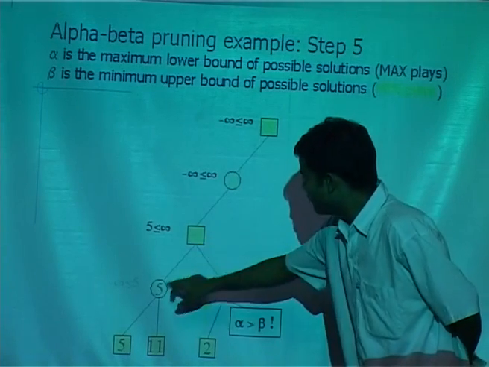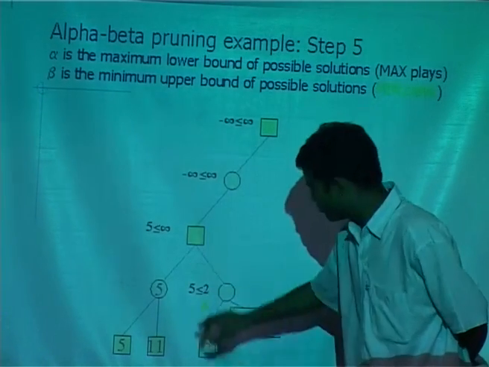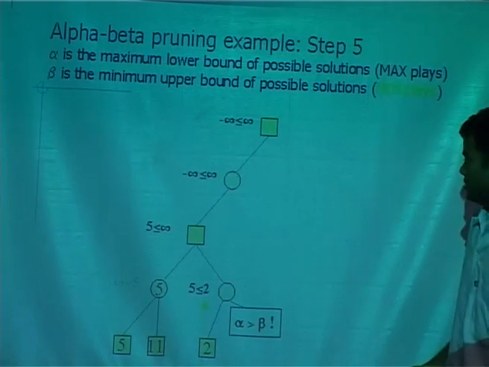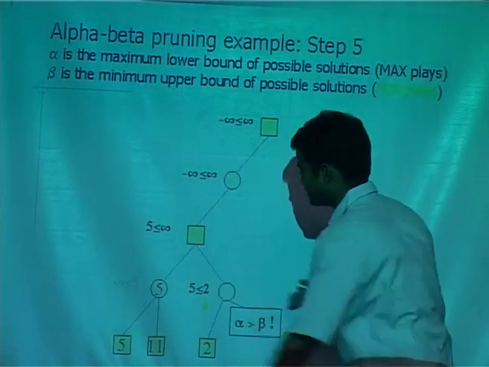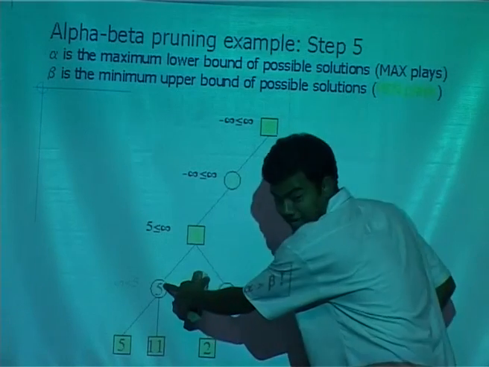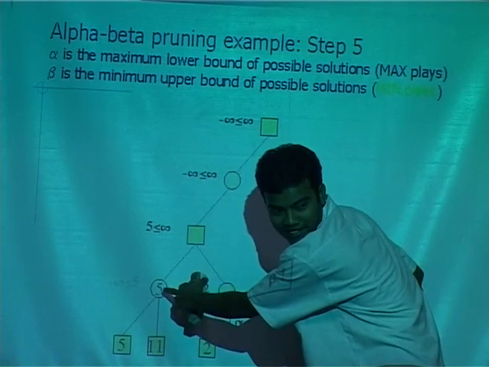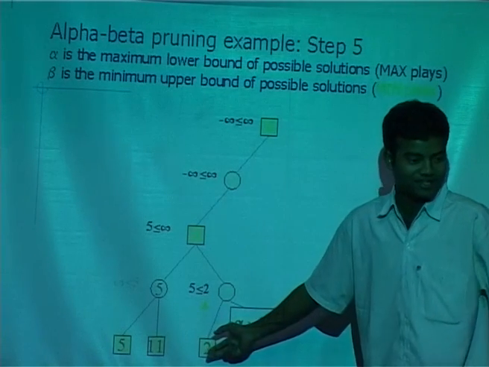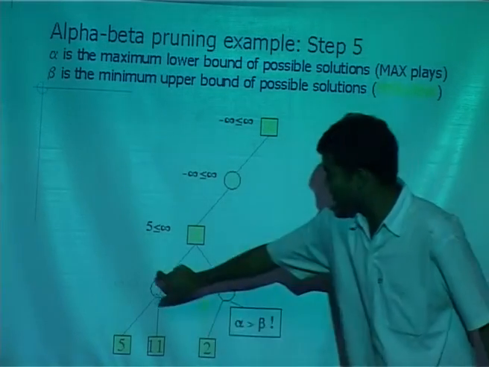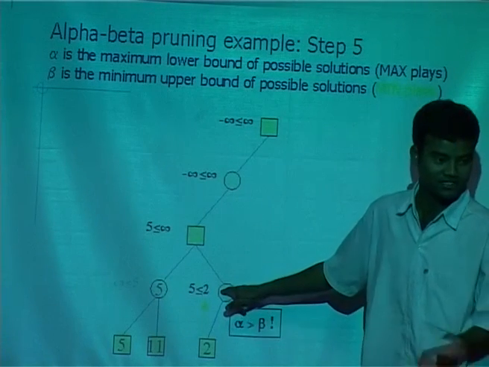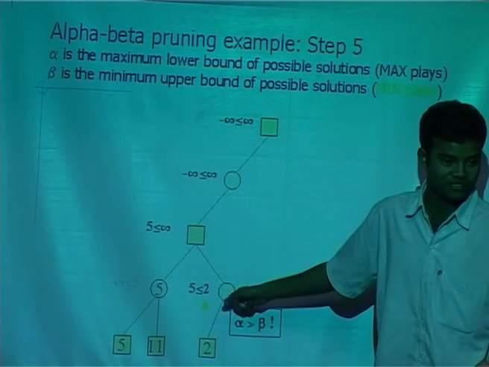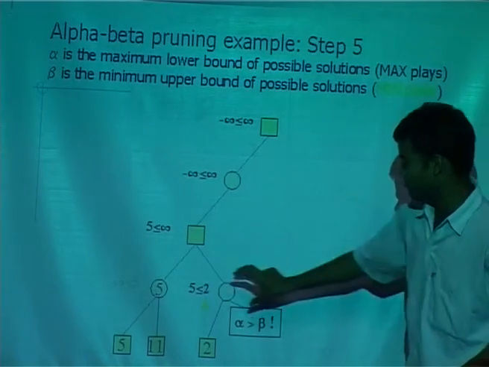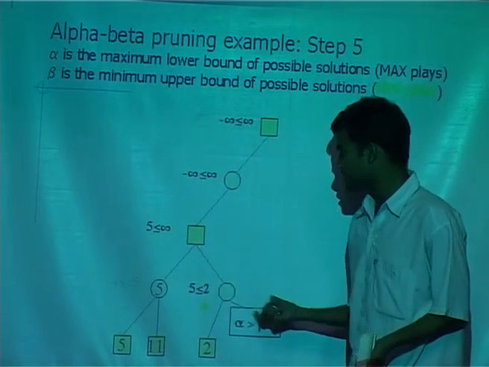It knows that 5 has come, so if 2 comes, it is nothing, the information is useless, so we need not use this information.